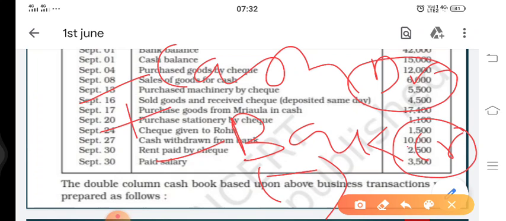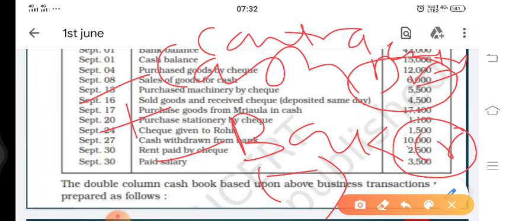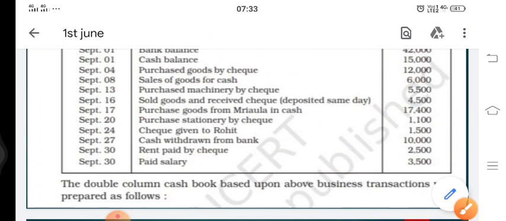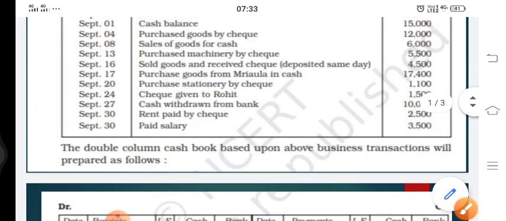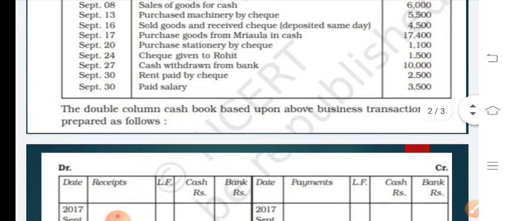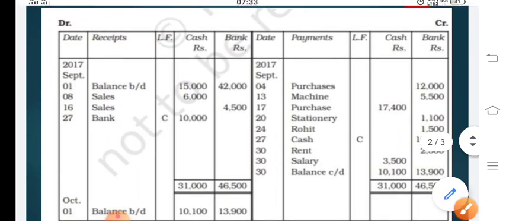Now depending upon our journal entry only, cash account debit to bank account, we will post it into cash book, and this type of entry is called as contra entry. When both accounts of the same book are affected, it is considered as a contra entry. So here on 27th September, we withdrew cash.